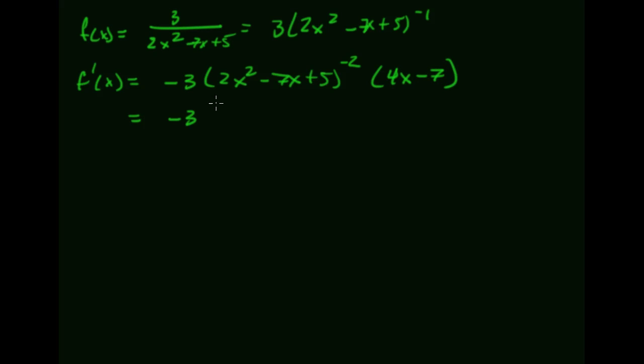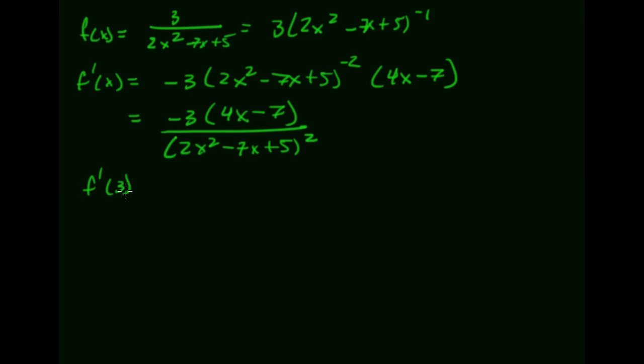So this is going to give me negative 3 times (4x minus 7) over (2x squared minus 7x plus 5) squared. The derivative at 3 then is negative 3 times (12 minus 7) over, let's see, that's 18 minus 21 plus 5, squared.